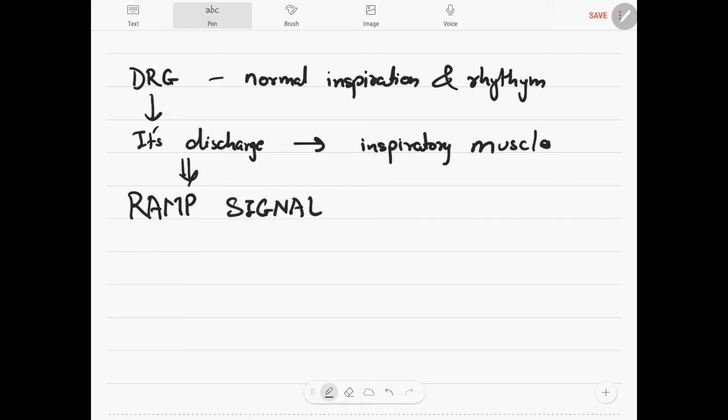So what is a ramp signal? The discharge of the dorsal group is not instantaneous.